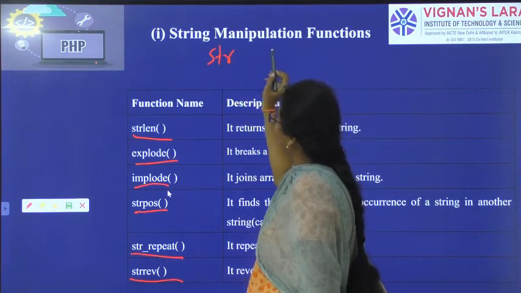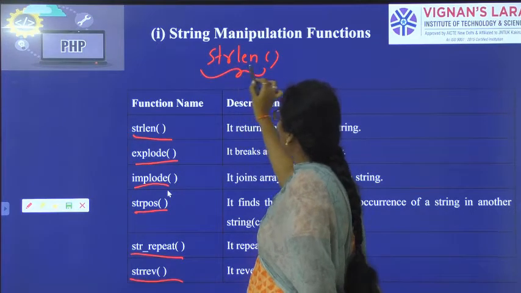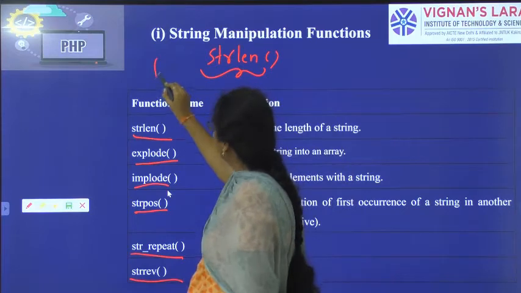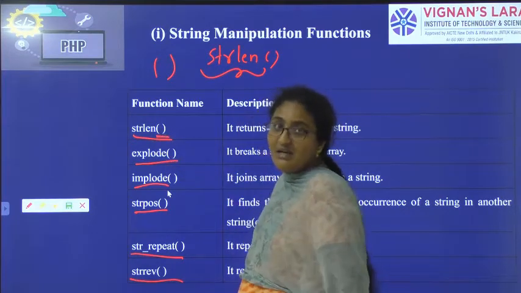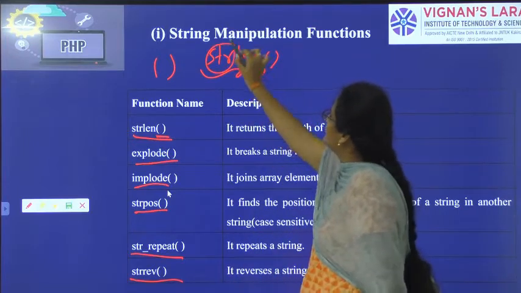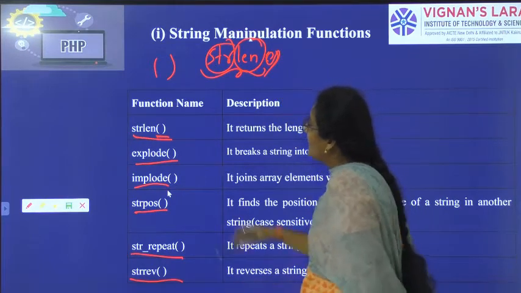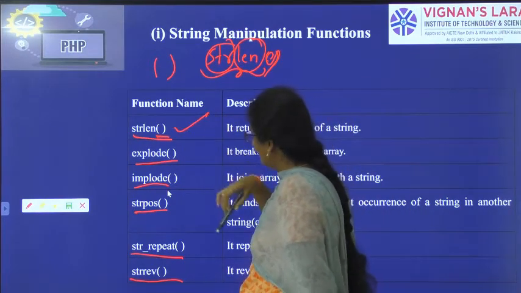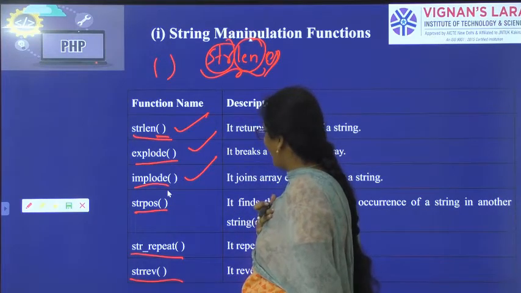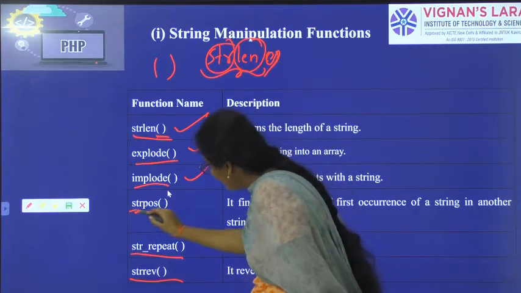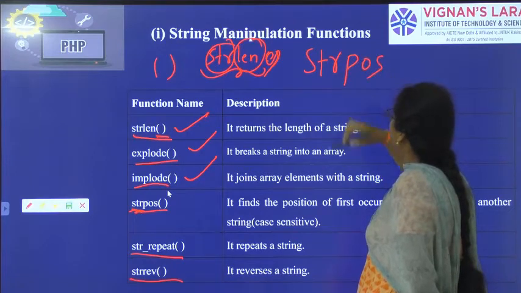So str is for string, len is for length. Generally a function ends with braces, and in any programming language a function ends with these braces. So strlen gives the length of the string, explode breaks the string into an array, and implode joins the array elements into a string. strpos: str means string, pos means position.